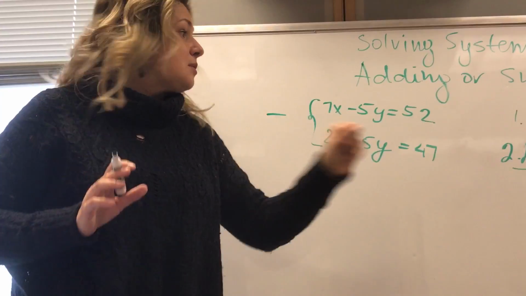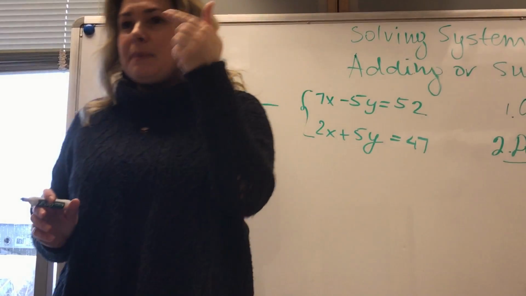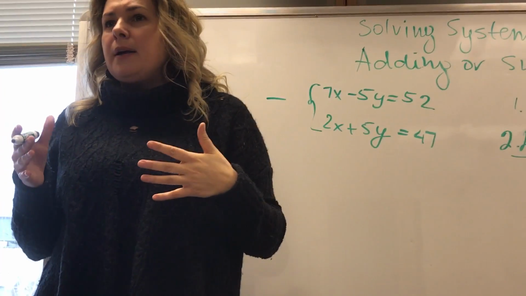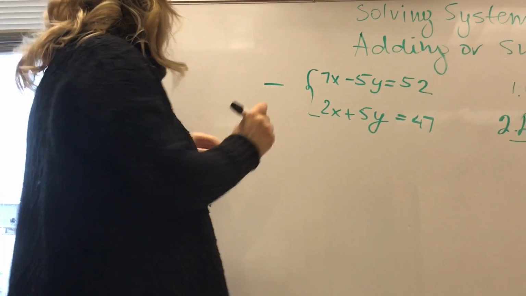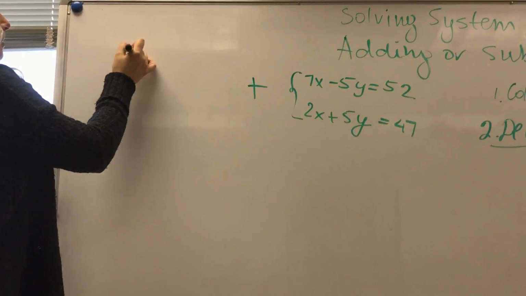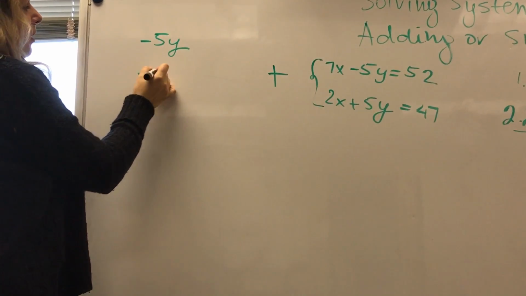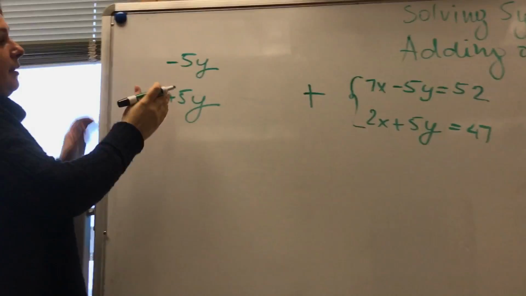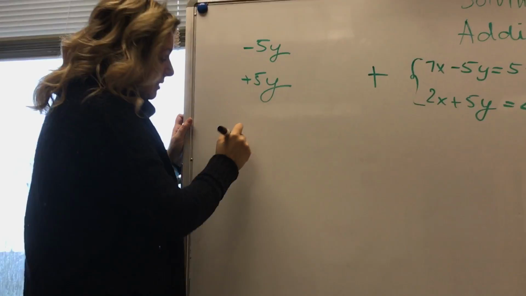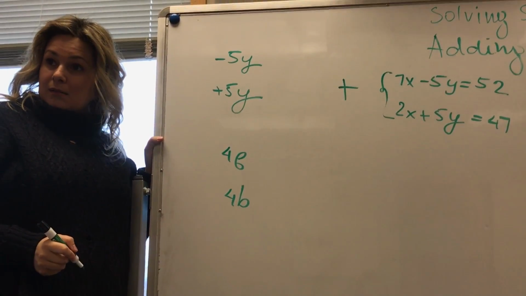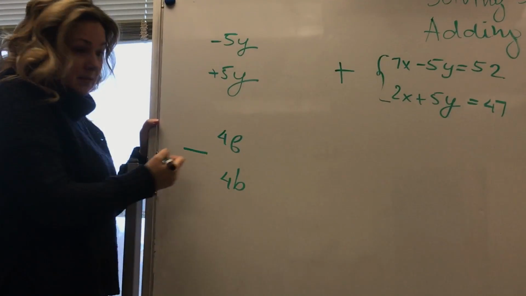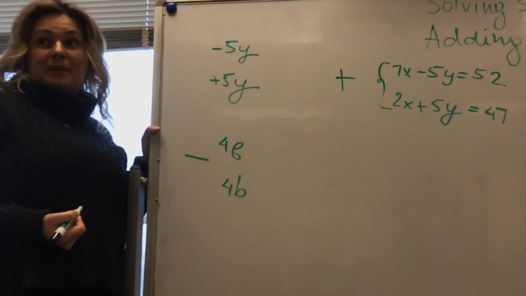So you do need to decide by inspecting what to do so that one variable disappears. It has to become a 0. If you had a positive 5y here, you would add them. If you had something like this, you would do this.